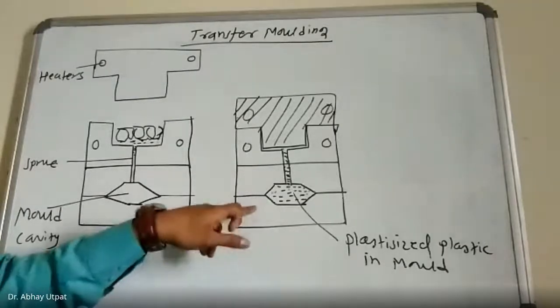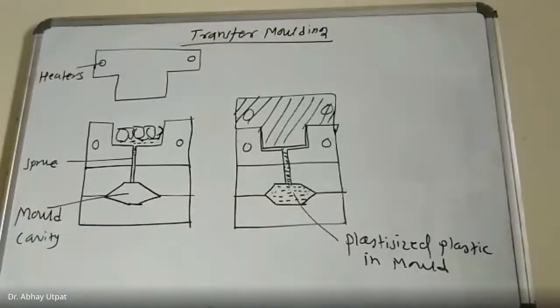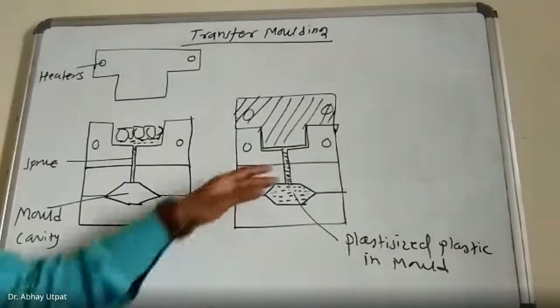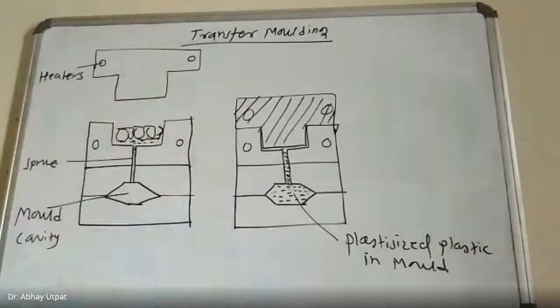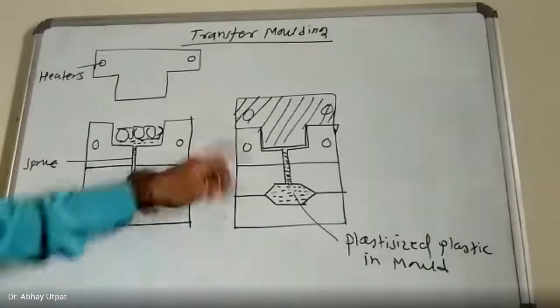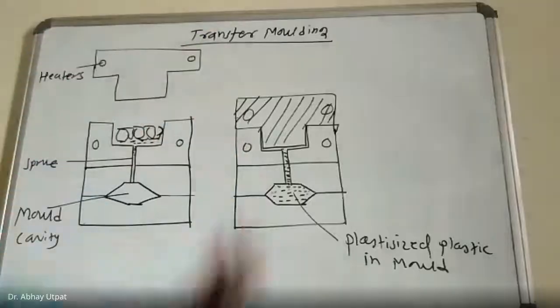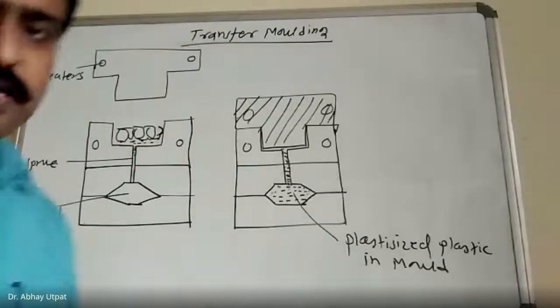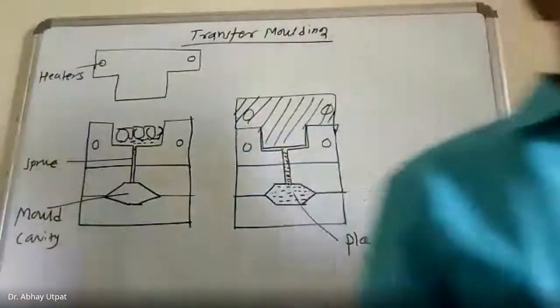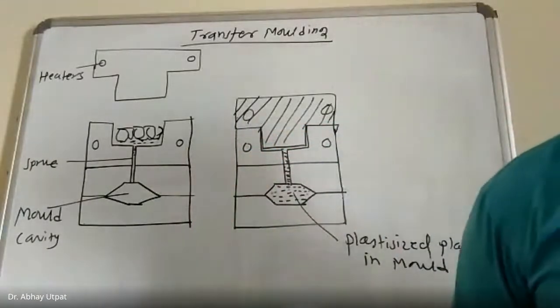Whatever the bottom side of the jaw is, we can say it is half of the mold. It is provided with ejector pins. Once you open it, you eject the component, and in the meantime, on the upper side you can keep your plastic for plasticizing, and then this cycle continues. So transfer molding works on this principle.